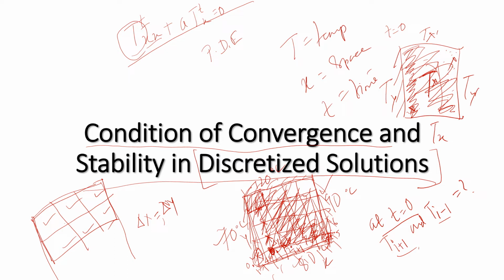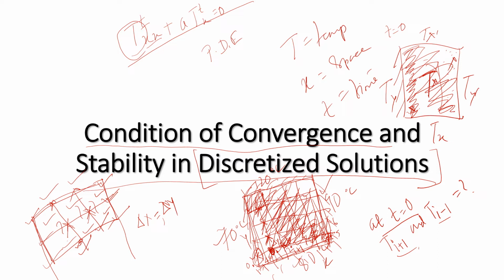Then discretizing will give you the temperature at these 2 points, as the temperatures at this point and this point are already known. This is also known, this is also known. These are all known because we know the temperature at the edge. We want to know the temperature inside the plate. So the discretization will give distinct solutions of the same partial differential equation at the junctions of all the plates.